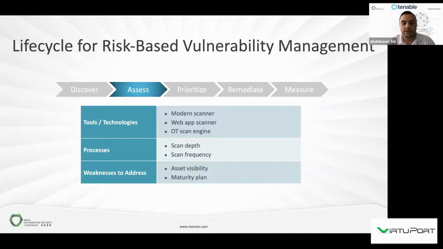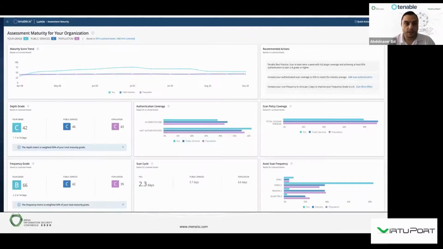So this will address major topics, which are lack of visibility and immature plans. For example, as we mentioned, the maturity of the cybersecurity program is very important. And if we are talking specifically about vulnerability assessment, there are multiple factors that decide how mature our exercise is.